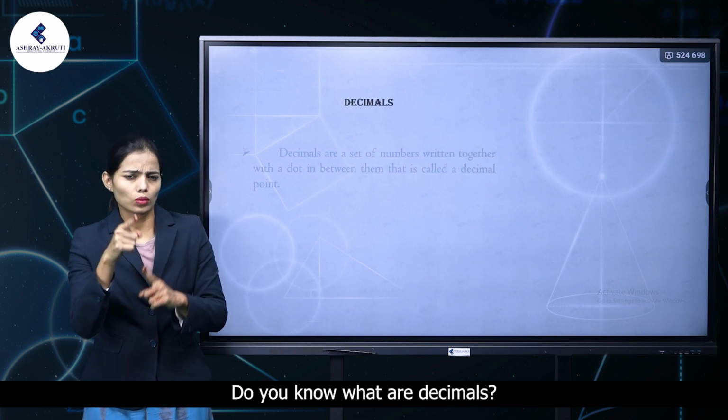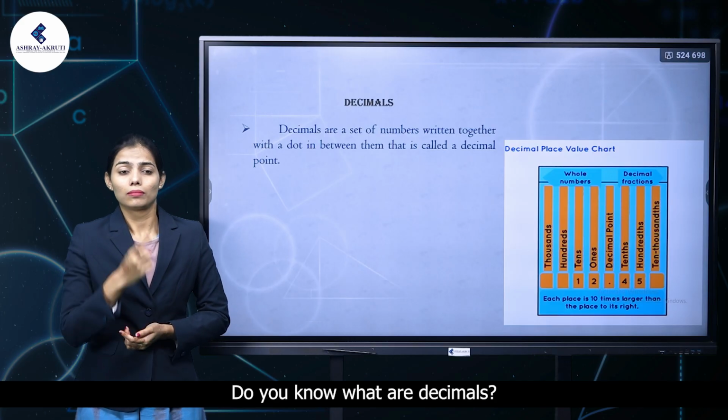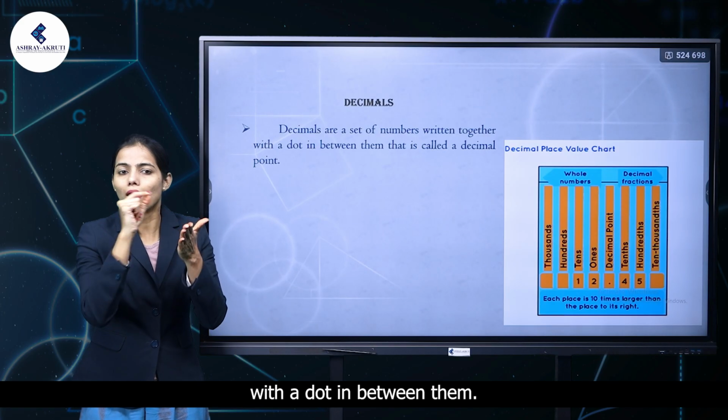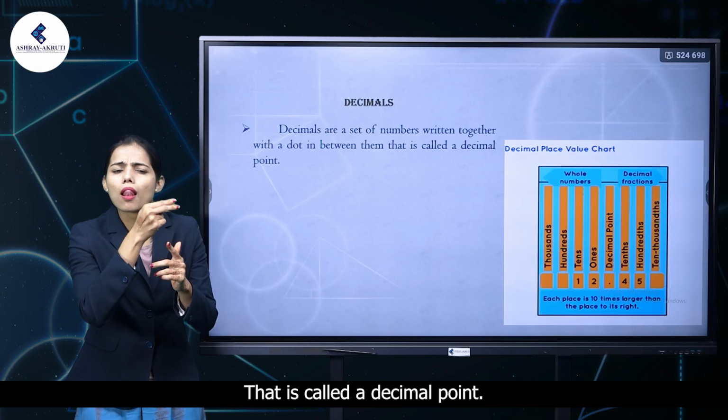Children, do you know what decimals are? Decimals are a set of numbers written together with a dot in between them, which is called a decimal point.